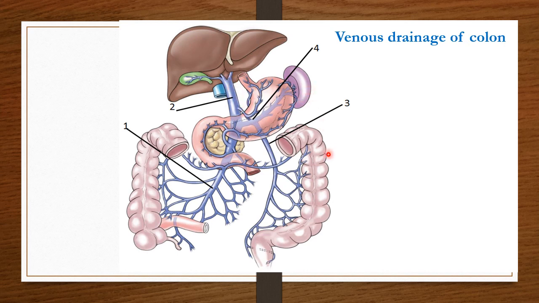On the left side, the superior rectal vein, the sigmoid vein and the left colic veins will join to form the inferior mesenteric vein, which ascends to join the splenic vein coming from the spleen, which then ultimately joins the superior mesenteric vein to become the portal vein.